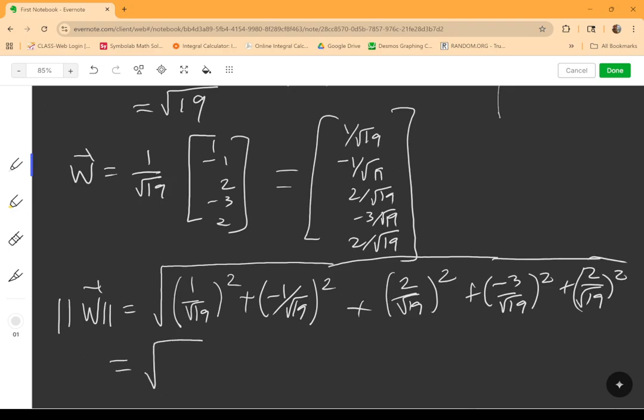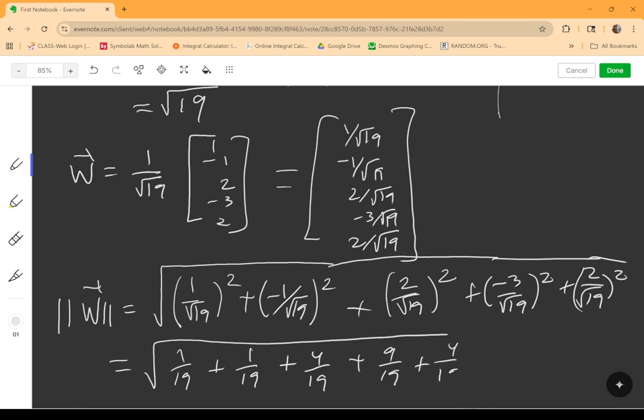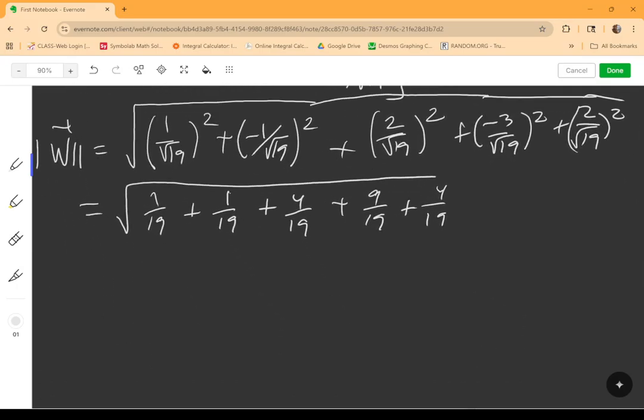Simplifying, we get 1/19 plus 1/19 plus 4/19 plus 9/19 plus 4/19. They have a common denominator, and we get 19 over 19, or simply 1. Okay, so that is how we calculate the norm and how we use the norm to normalize any vector.